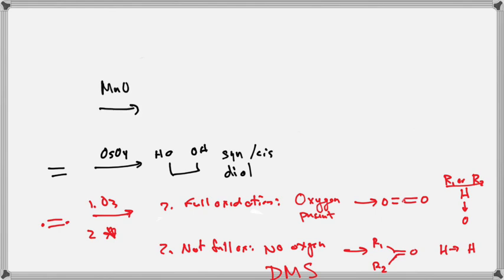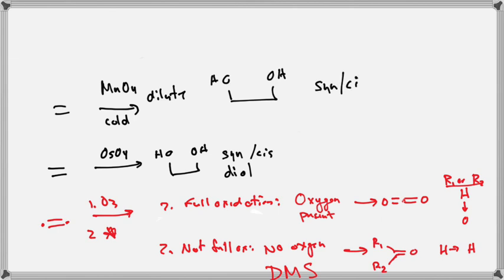Permanganate becomes a challenging one. Permanganate, when it's cold and typically dilute, again, takes an alkene to your diol. And that diol is, again, a syn or cis diol, depending on how you want to define it. Why? Again, your 5-membered rings. Bad leaving groups within those systems. Right?